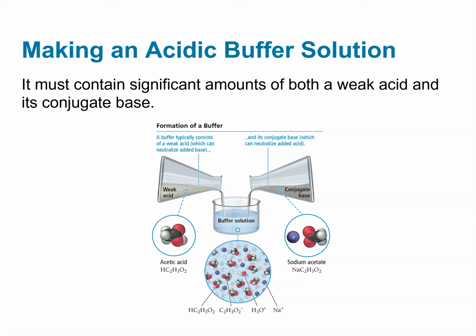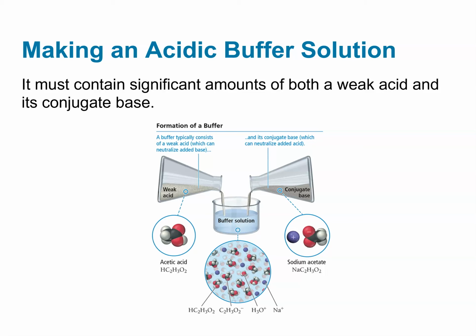If you have a lot of weak acid but not much conjugate base, you're not going to have much capacity for the buffer to react to a change in pH from a strong acid consuming that little bit of conjugate base. So you want to have a substantial amount of both the weak acid and the conjugate base in solution together, and equal molar concentrations are ideal. Just because they're not equimolar doesn't mean that you can't have a good buffering system. It's just not as ideal as it would be if you were equimolar to begin with.